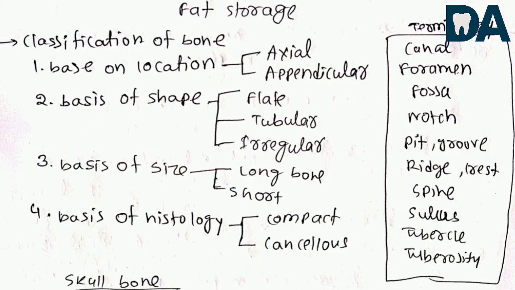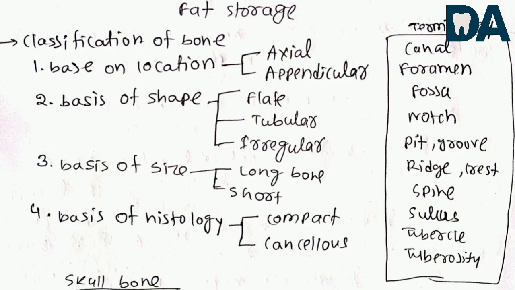Examples are bones of the skull, vertebral column, sternum and ribs. Appendicular skeleton, bones that occupy the lateral portion of the skeletal system. Examples: bones of the pectoral girdle, pelvic girdle and limbs.